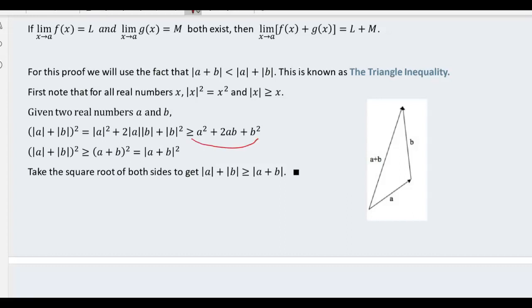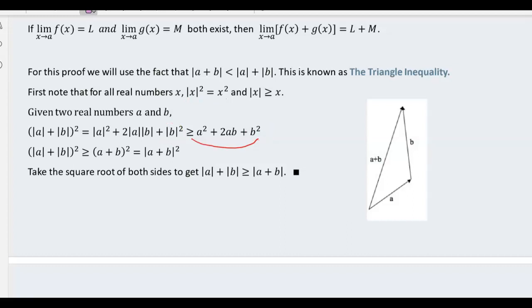Now, looking at this part, using this fact, we can say that the absolute value of a squared is going to be the same as this. And similarly, the absolute value of b squared is going to be the same as this. So we just made an exchange there.